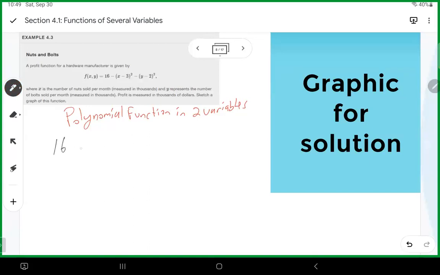So we would have 16 minus x minus 3 squared minus y minus 2 squared, and it needs to be greater than or equal to 0. So do the same thing that we did in the other example. We're going to move the 16 and make everything positive.